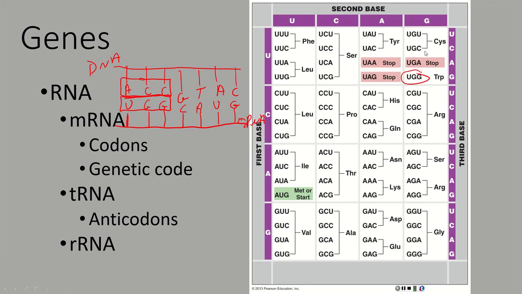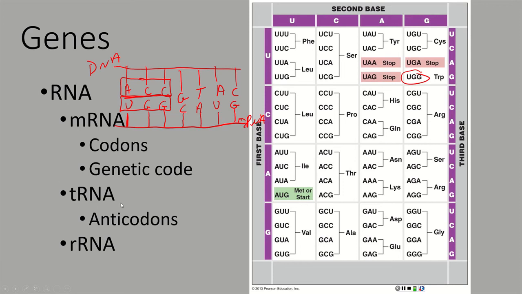What does UGG say? It codes for tryptophan, TRP. You do not need to know what the abbreviations for the amino acids mean. Sometimes I have to reference because I forget, because you will never need to know that. All right, so that's mRNA.